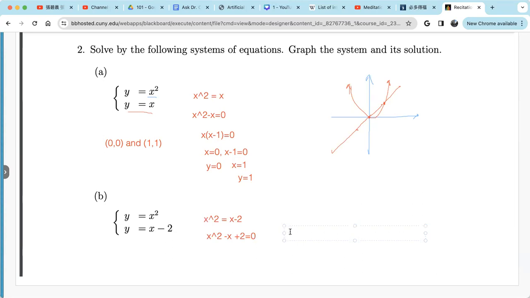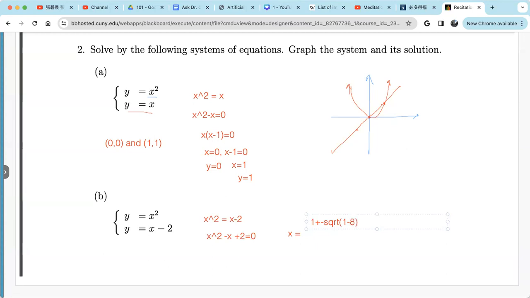Let's see. So for x squared, we could use the quadratic formula or we could complete the square, all right? If we use the quadratic formula, x equals negative b, which is negative 1, which will become plus 1, plus or minus the square root of b squared, which is 1, minus 4ac. A is 1, so 4 times 2 is 8.